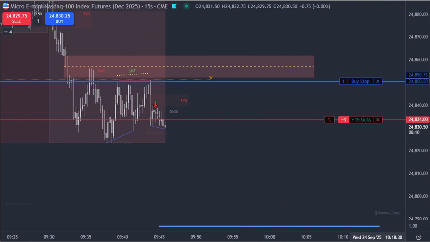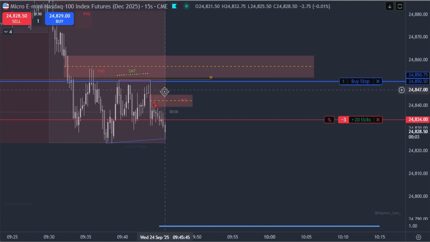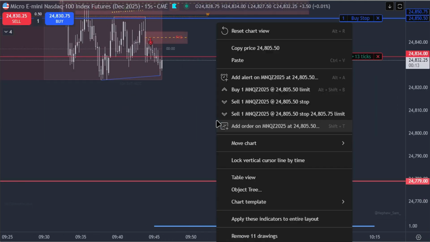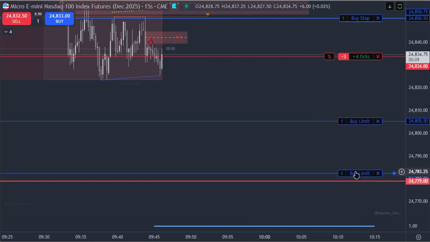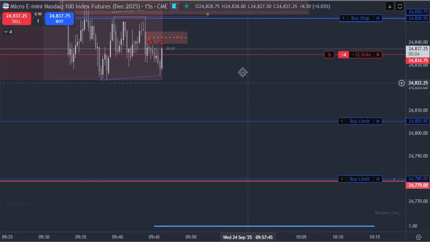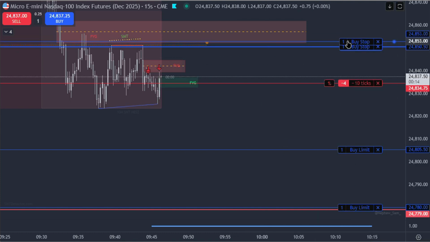So we should respect these PD arrays and we should dump from here, okay? So I will take small partial there, and then I'm just going to take full TP over here. We'll add another entry there. Let me go ahead and push my stop loss.